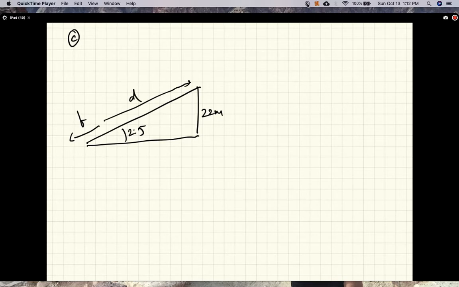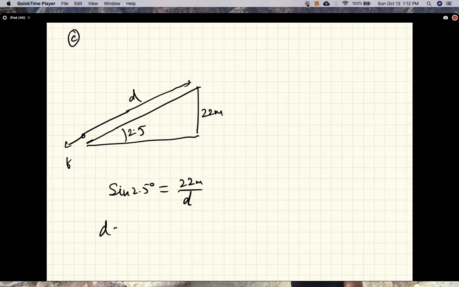So let's calculate d, the slope. Sine 2.5 degrees is equal to 22 meters divided by d.